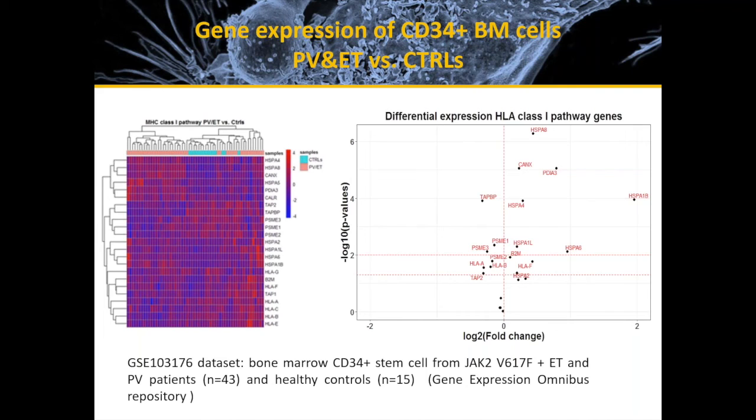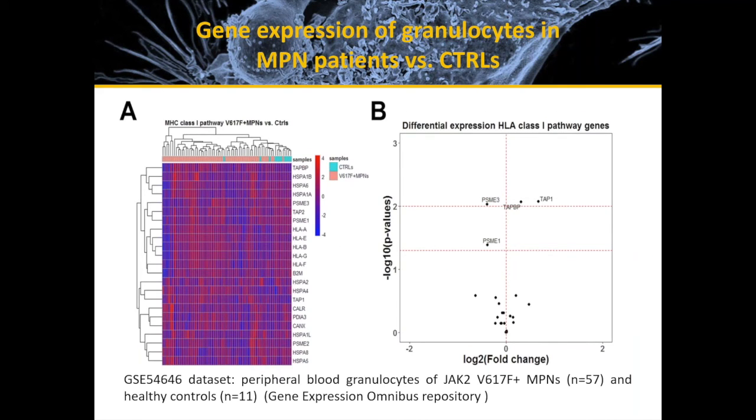However, as you can see on the next slide, such downregulation, at least for HLA class I genes HLA A, B, TAP1, and tapasin, was not observed on peripheral blood granulocytes from JAK2 V617F positive MPN patients.